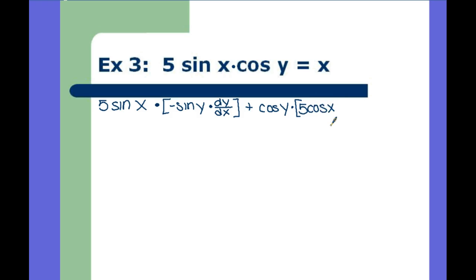Derivative of x is dx, which is 1. Clean it up. 5 times negative 1 is negative 5 sine x sine y dy/dx, plus 5 cosine x cosine y.